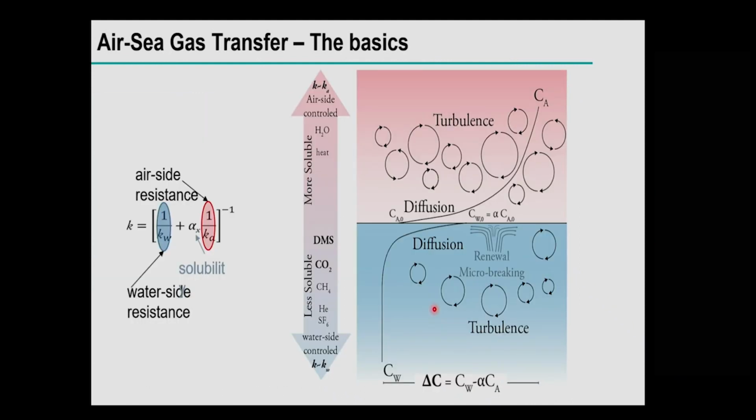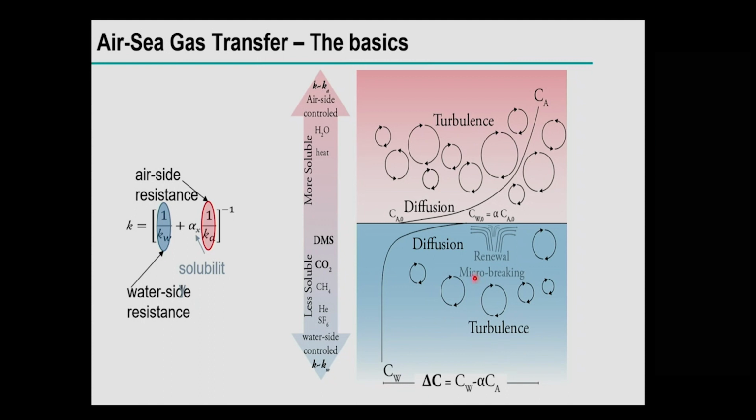Now we're looking at the covariance between the vertical velocity component and the mixing ratio in dry air. The interesting part with gases is that the gas transfer happens in three different compartments. It happens in the atmospheric viscous layer, it happens across the interface, and it happens in the ocean surface layer.